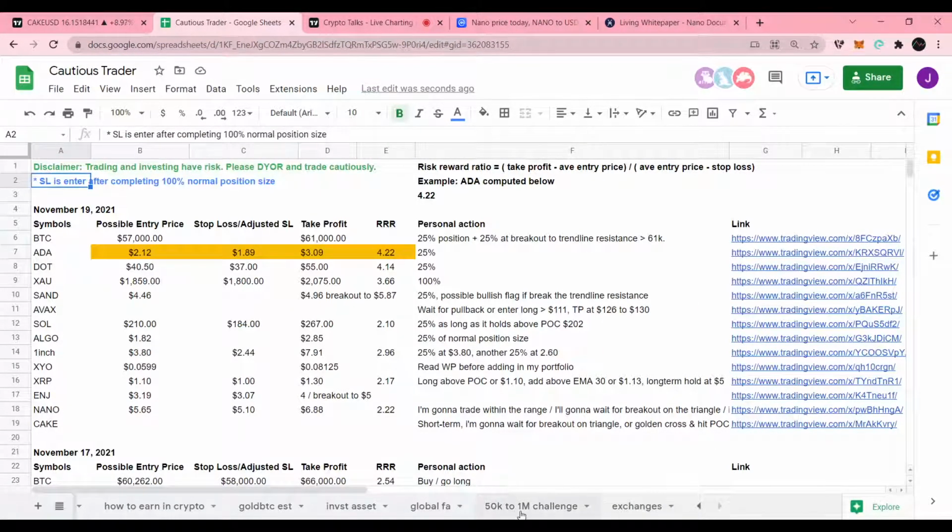Anyway, someone has challenged me to make 50,000 to 1 million pesos. So possibly at the end of the month, I'm gonna share whatever crypto I'm looking at.